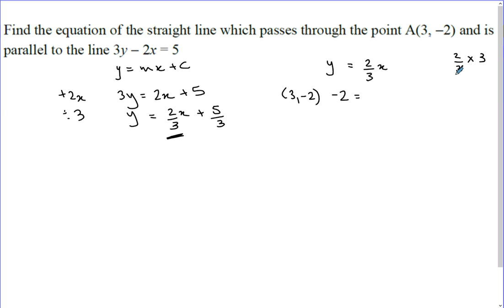Nice and simple, cross divide, and you just get 2 times 1. So what do you do to 2 to get -2? So we minus 4. So y = 2/3 x - 4 is your answer. Yeah, and then of course you can write it in your answer line there. Yeah, and you get all the marks.